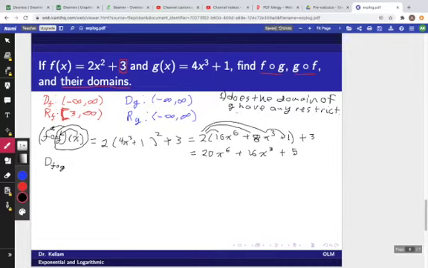The second thing we ask ourselves is: is the range of g in the domain of f?